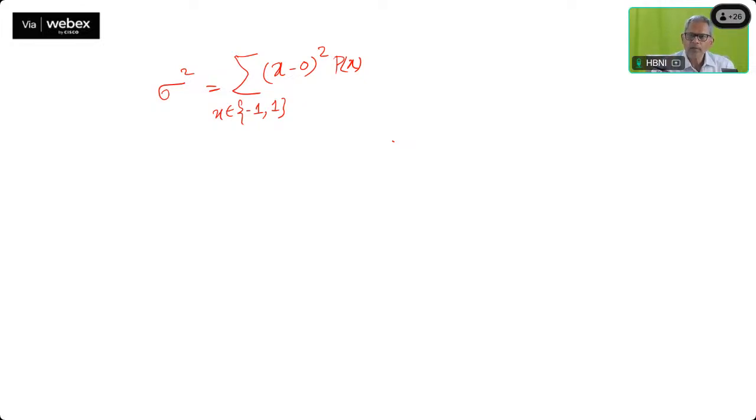There are only two sample values. It can go to -1: -1 minus 0 is -1, and -1 squared is 1, times probability half, plus again 1 times probability half. So that is 1. So after one step, his average is 0, but his variance is 1.